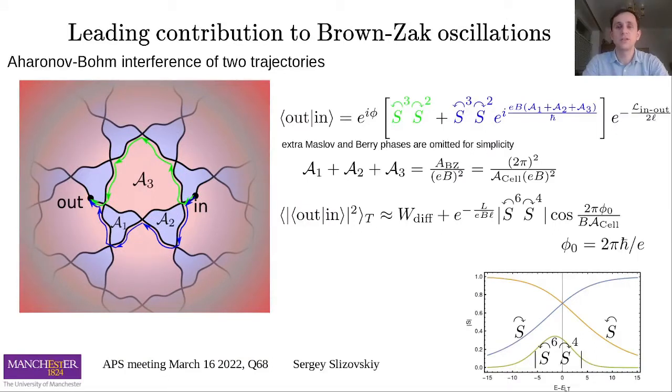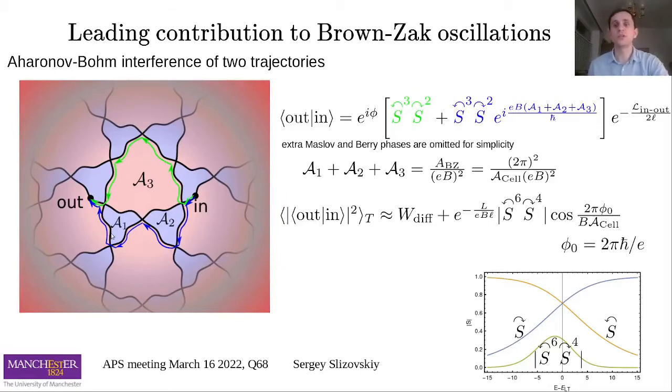Consider elevated temperature where most oscillatory terms like Shubnikov-de Haas die out due to averaging over energy. But there are some oscillatory terms which surprisingly survive elevated temperatures. These come from equal duration interfering trajectories. The shortest possible of such trajectories are shown here in blue and green.